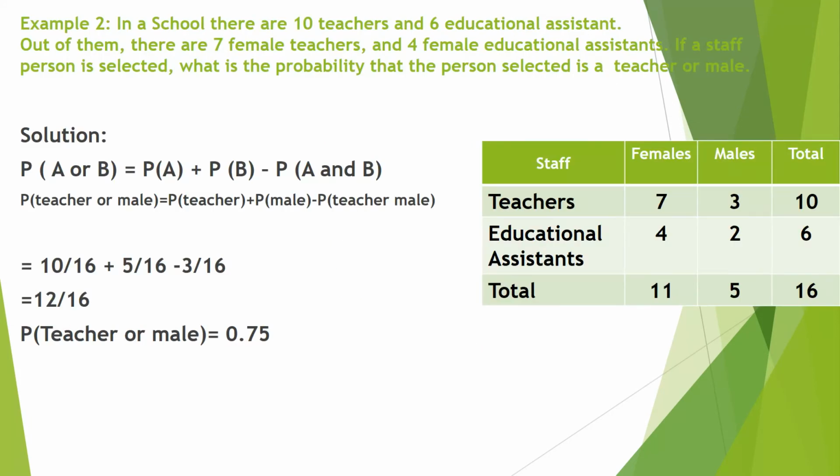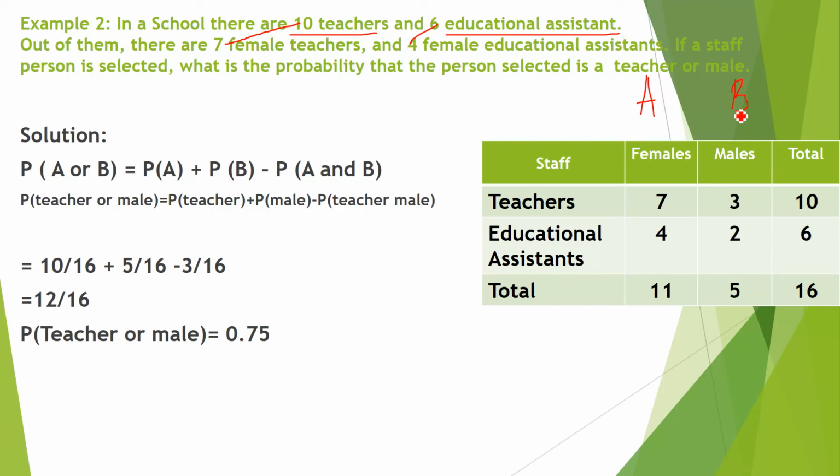Right? We will discuss the same concept with the help of another example. In the school, there are 10 teachers and 6 educational assistants, right? Out of them, there are 7 female teachers. Out of these 10, there are 7 female, it means there are 3 male. Out of 6 educational assistants, there are 4 female, it means there are 2 male. If a staff person is selected randomly, what is the probability that the person selected is a teacher, this is the probability A, or male?